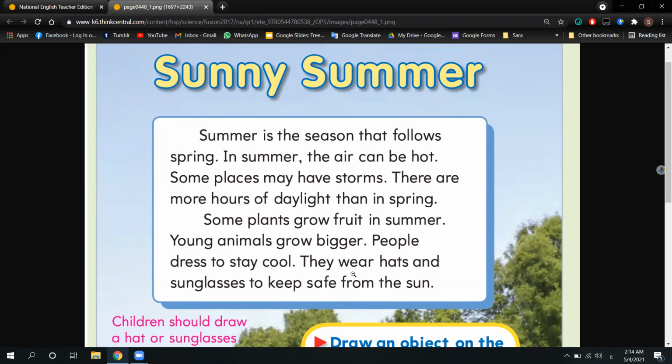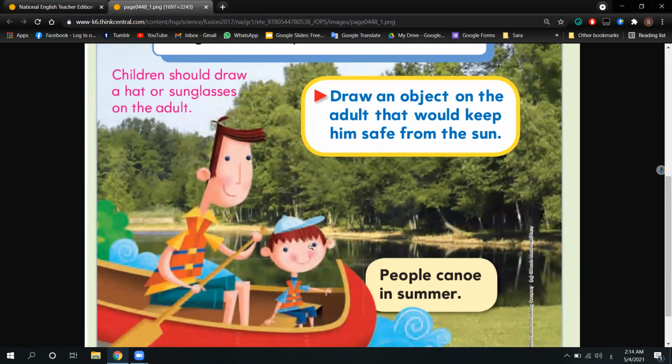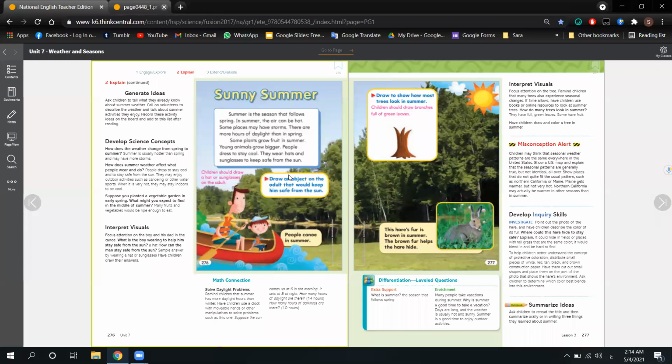And they wear hats and sunglasses also to keep safe from the sun, because the sun can hurt you. So you have to protect yourself from the sun, in order not to get burned. As you can see here, people can swim during summer, people can go to the beach, people can eat ice creams, and so on.